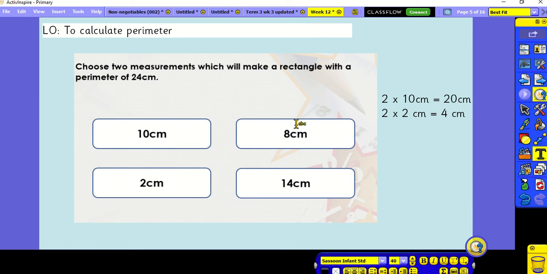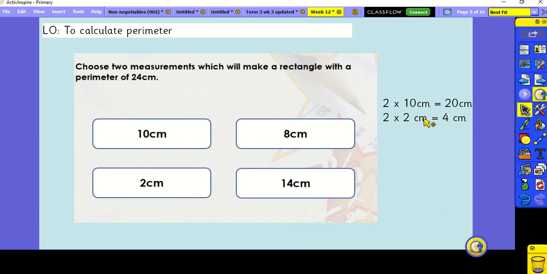So I couldn't have 2 that are 8 centimetres. Oh, maybe there is only one answer. Choose 2 measurements. So there are my 2 measurements, 10 centimetres and 2 centimetres. Silly Miss Hill, I thought it said choose 2 options. None of the others will work. So 2 times 10 centimetres and 2 times 2 centimetres. They are the 2 measurements.